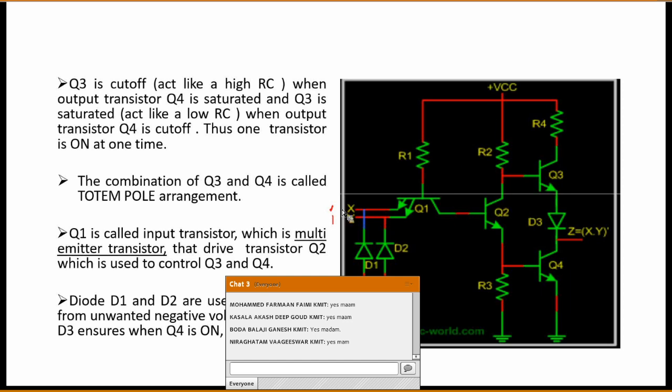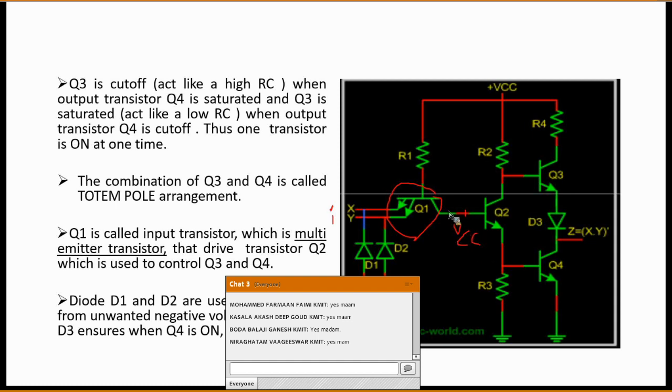So what happens? Both are 5 volts, so the diode has 0 bias. So the transistor Q1 will be in off state. If Q1 is off, its collector will be how much?